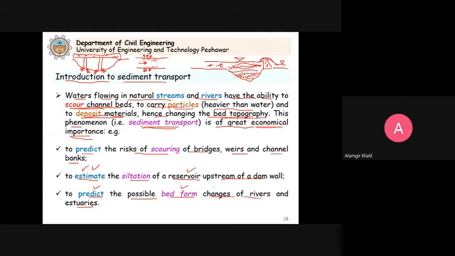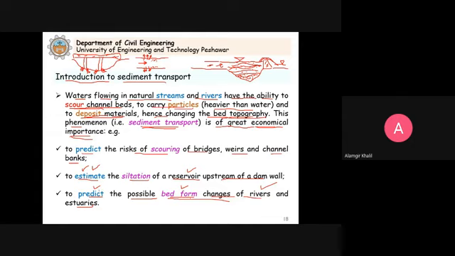You might have studied or seen that a river changes its course over a period of time. So we are interested to predict the possible bed form changes. This is the geomorphology of the rivers. And estuaries, I will show you some pictures also.